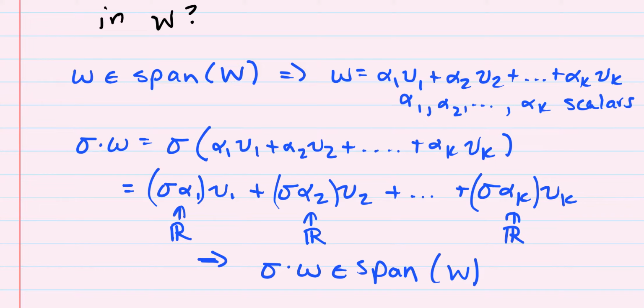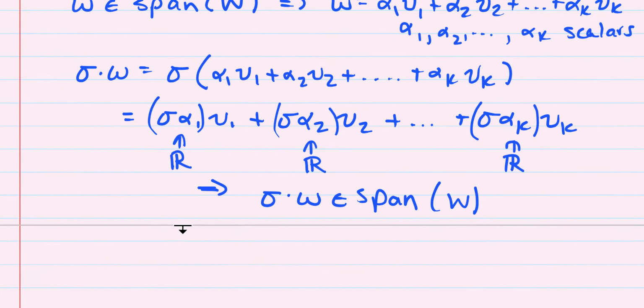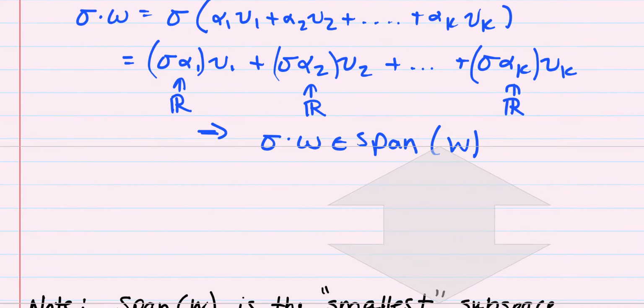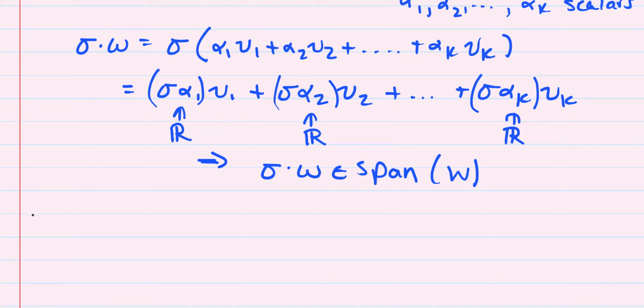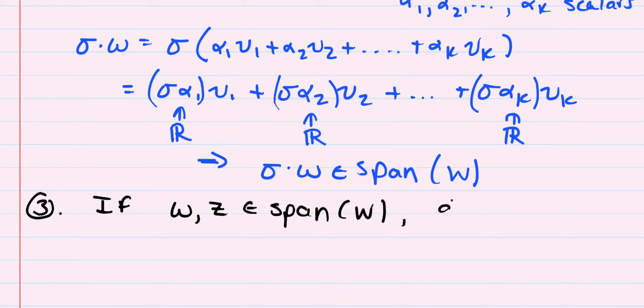So we have one more thing to check, and that is if the span of W is closed under addition. So number 3, if W and let's say Z belong to the span of W, does W plus Z belong to the span of W?